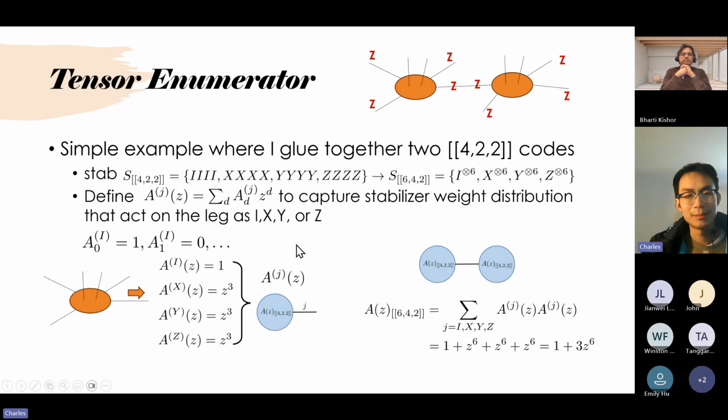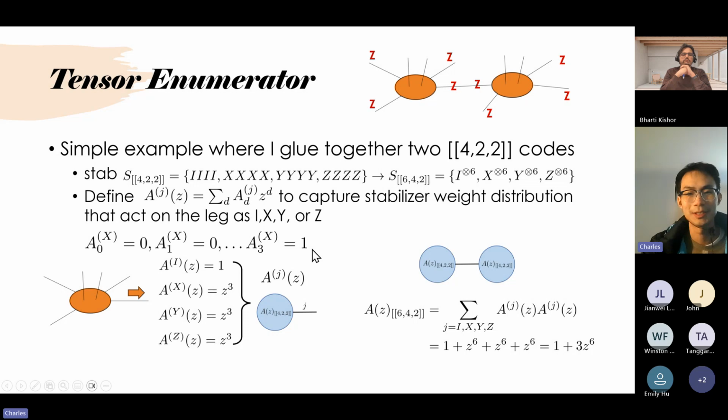Okay. Similarly, we can repeat this exercise and ask, what's the stabilizer distribution for all the stabilizers acting as X on this leg? Well, there's none that has weight 0 on the other 3. There's none that has weight 1, and the only one that works has all X, so it has weight 3 on the other 3 legs.